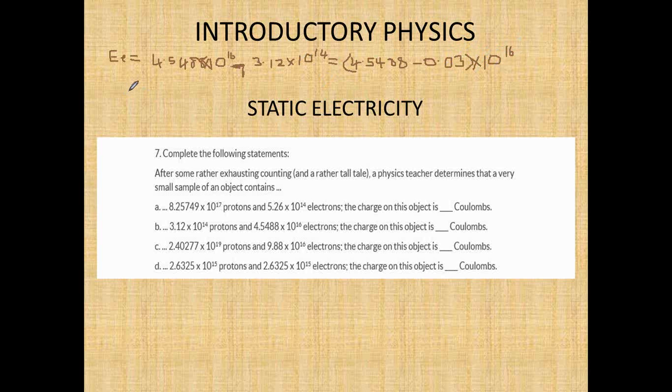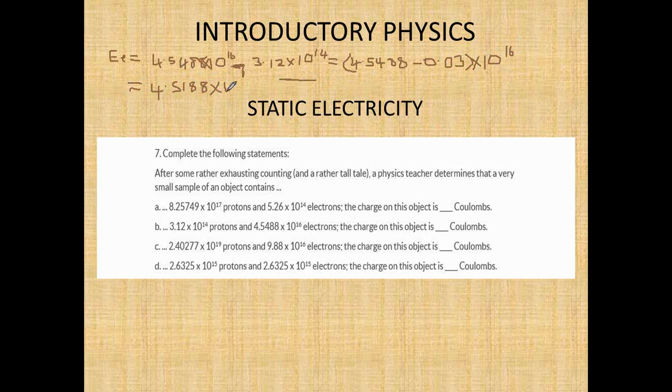So we'll be left with the excess electrons: 4.5 1 8 8, because we're minus the 0.03, times 10 to the power 16.